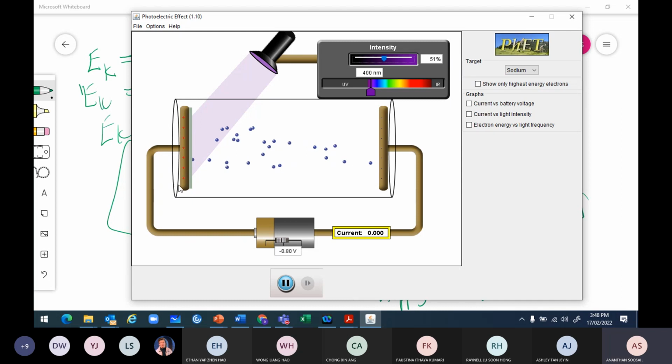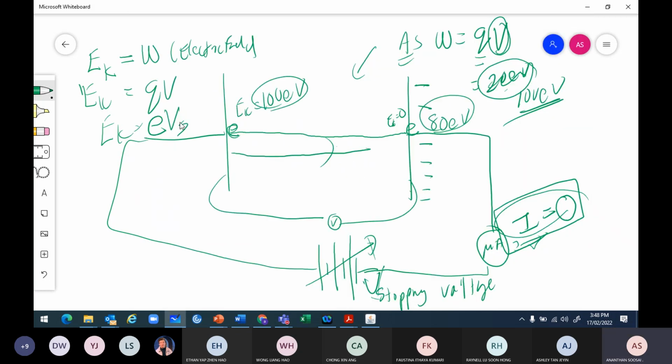According to Millikan, this is called the stopping potential. Whatever kinetic energy is possessed by the electron is all equal to the work done by the electric field. The work done by the electric field is this stopping potential multiplied by the charge, which is the kinetic energy of the electron at that moment. So eVS is the kinetic energy.